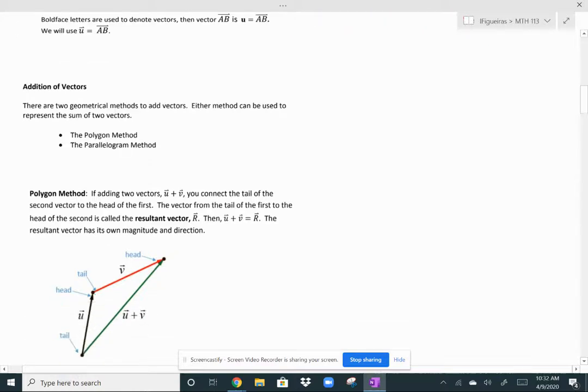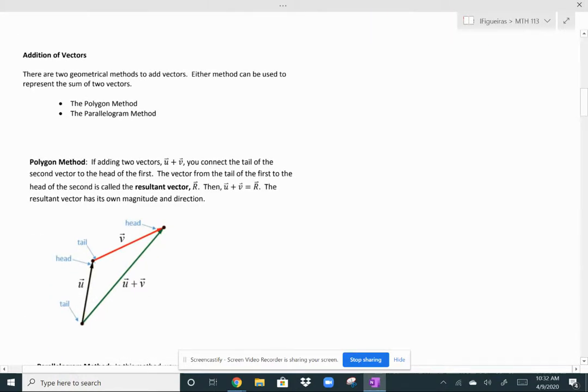So with the polygon method, if you're adding two vectors, let's call them u and v, to represent the addition of the two vectors, you connect the tail of the second vector to the head of the first vector. So if u is the first vector and v is the second vector, the tail of v gets connected to the head of u.